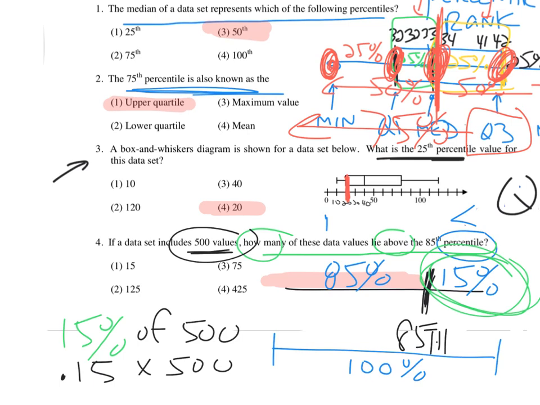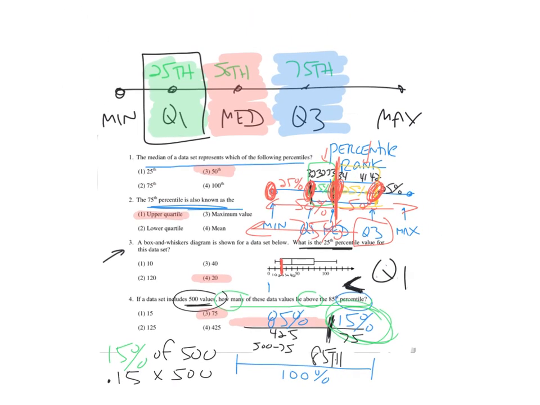So that's going to tell you that 75 data values are above the 85th percentile. That means the rest of them, or 500 minus 75, or 425, lie below. So that's the significance of percentile ranks. Remember, percentile rank is the percentage of the data that's about less than the percentile. So the median is the 50th percentile, so about 50% is less.